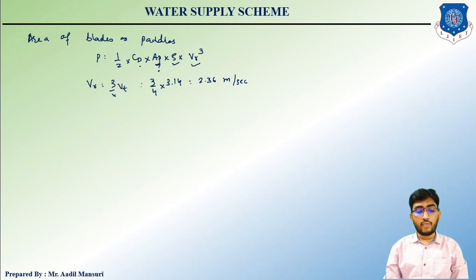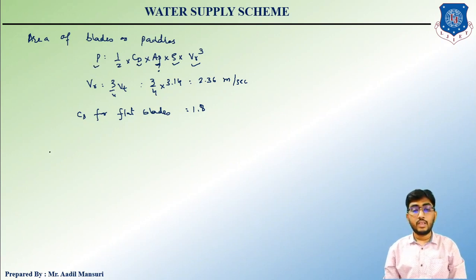So we have got VR, density we know 1000, area of paddle we need to find out. CD for flat plates it is always 1.8. So CD for flat blades or plates is always equal to 1.8. So we have CD as well. Power we have found out in the previous step, right?